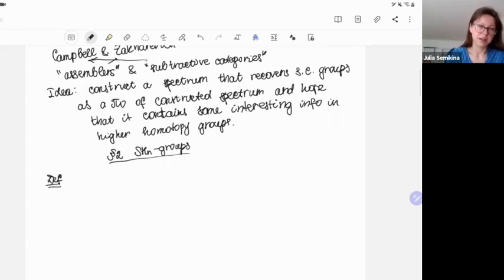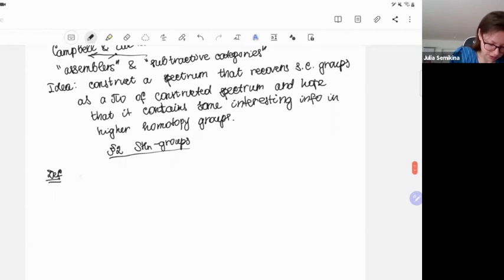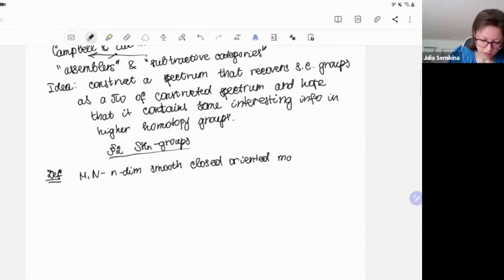So we fix the dimension, so n is just a number that is fixed, and we say that two n-dimensional, smooth, closed, oriented manifolds, we call them SK equivalent.